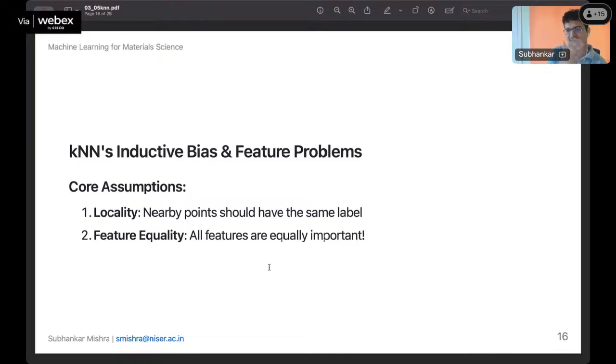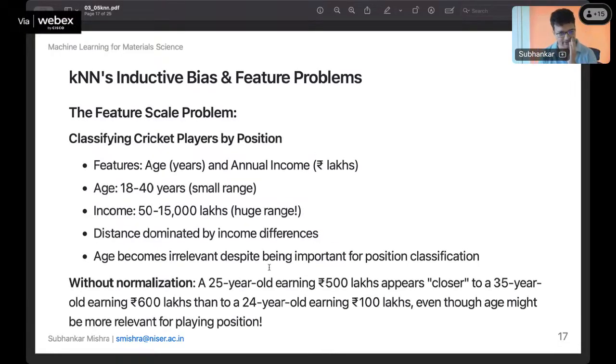That means x and y are both important, and equally important. So we do not order any of them. One example I wanted to put: let's say we want to classify cricket players by position. For every cricket player we have age and, let's say, annual income.